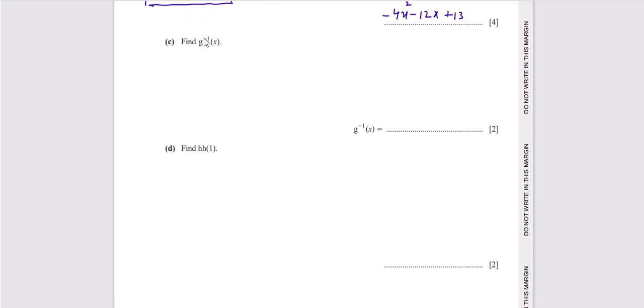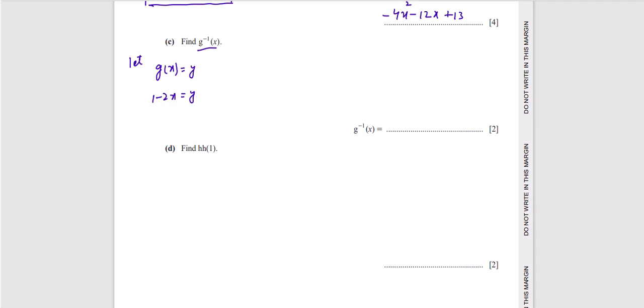Now find the inverse of g of x. Let the function g of x be equal to y. The function g of x is 1 minus 2x, equal to y.